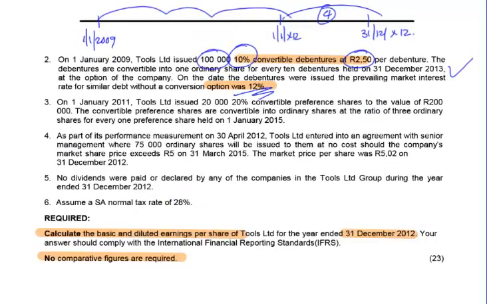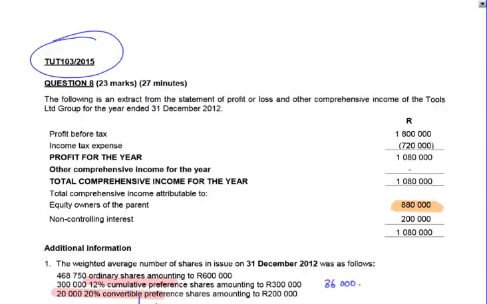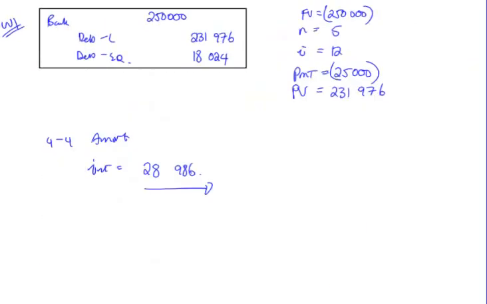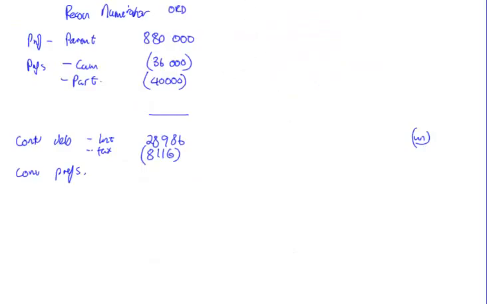That's that one done. In addition, on the 1st of January 2011, they issued 20,000 convertible preference shares. Oh my goodness, I read that wrong just now. Those aren't participating preference shares. So I didn't need this after all. Okay.